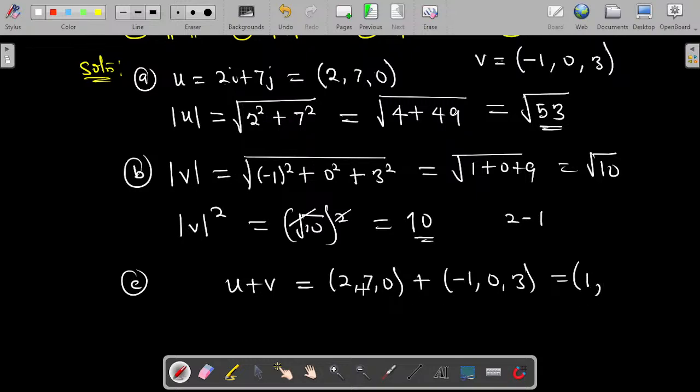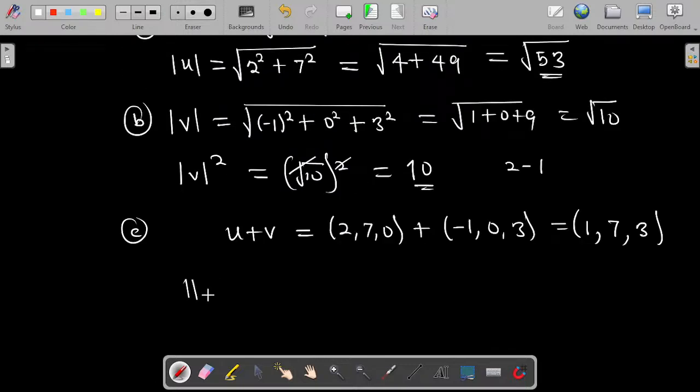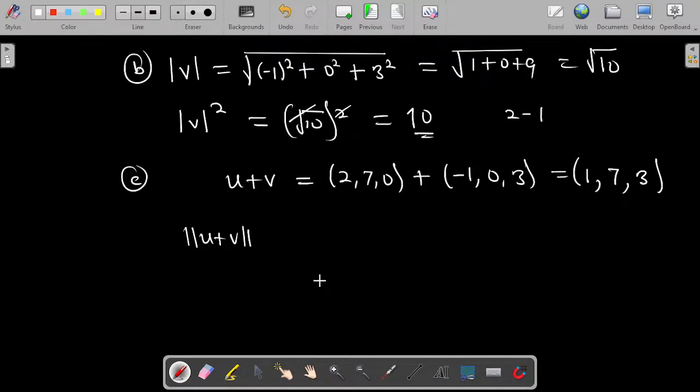And then comma 7 plus 0 is 7, comma 0 plus 3 is going to give you 3. And so our u plus v is equal to (1, 7, 3). So this person that asked this question, that asked you to get the magnitude of u plus v, wanted you to first of all get the value of u plus v, and then you will now look for the magnitude, which will be the square root of all of that.